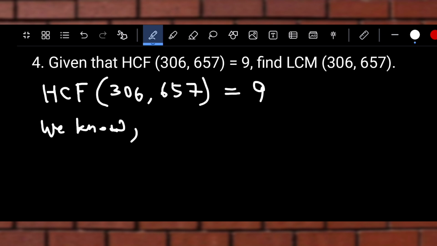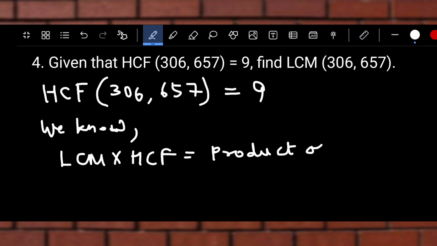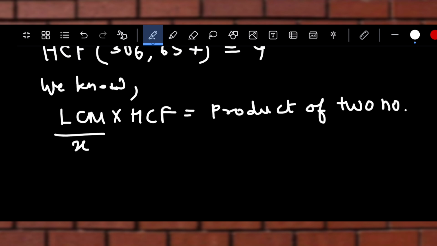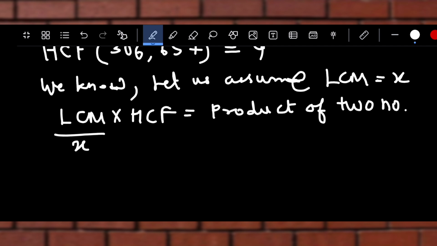That LCM into HCF is equal to the product of the two numbers. We don't know the value of LCM, so let us assume LCM is equal to X.